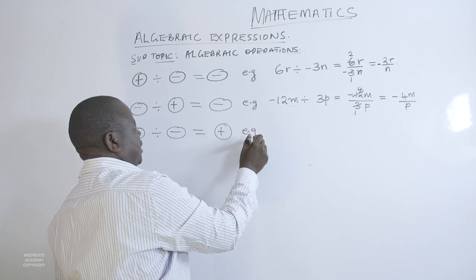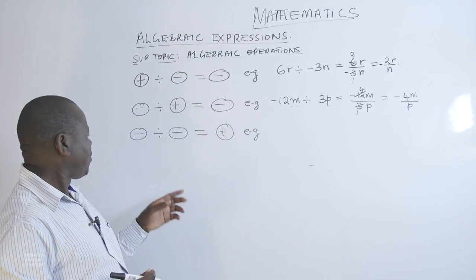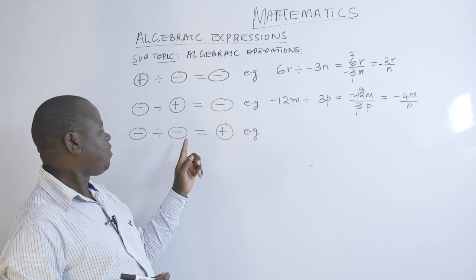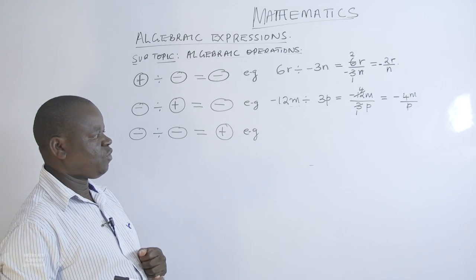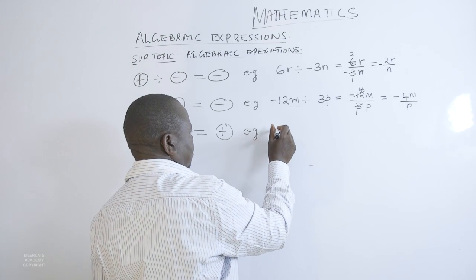Let's look at an example on that. When we have a negative number divided by a negative number, the result we get is a positive. So let's look at that.